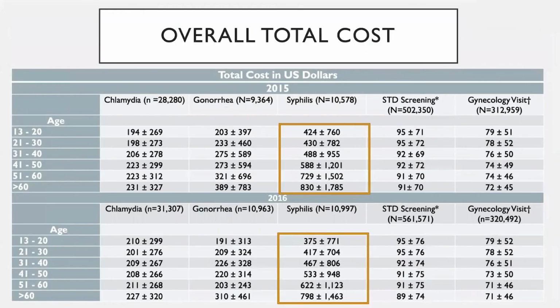So moving on to results, we'll first look by age. As you can see here, this is the total cost in US dollars, and syphilis across the board is the highest, with between $400 and $830 per year per person per diagnosis. We suspected this because with syphilis, you're going to have to rescreen these patients.